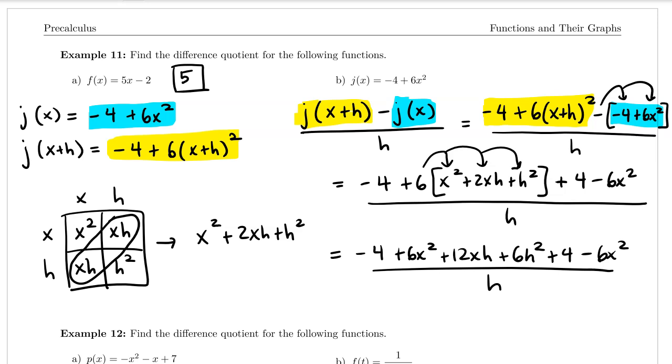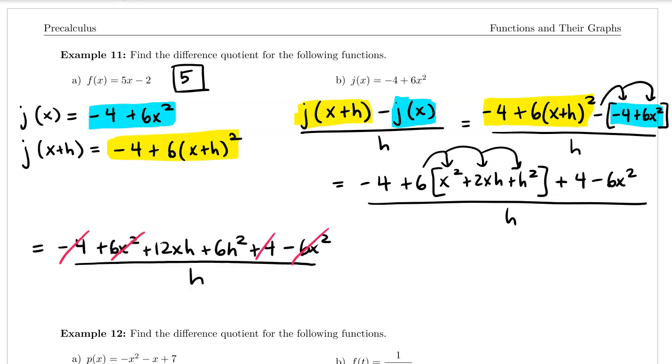Let's do some simplification in the numerator. Negative 4 plus 4 is 0. 6x squared minus 6x squared also will give us 0. And now we can see that we'll be left with 12xh plus 6h squared all over h.